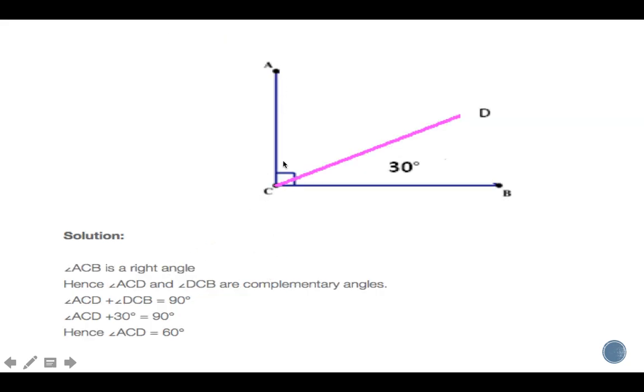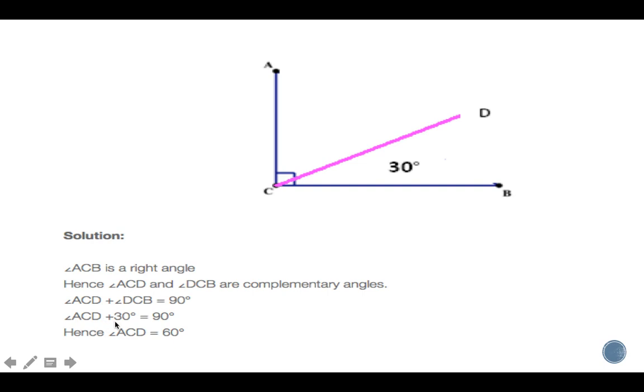Now it's a right angle, or we say complementary angle. So now angle ACD is not given, so we write the same name plus DCB, or BCD, equals 90, and DCB is already given.